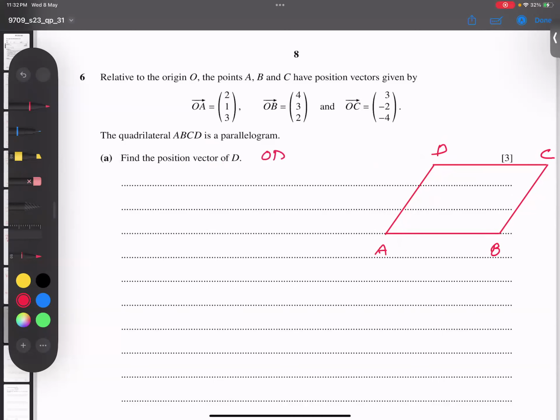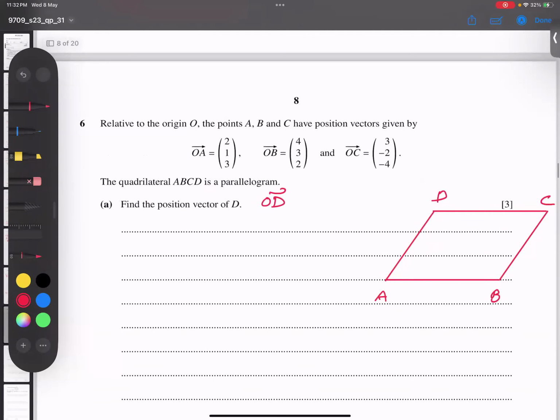So what is my target? OD. And the basic criterion, students: for example, the LM vector, how to write it in terms of position vectors, I mean in terms of origin? The letter where the vector ends, M, I start from there: OM minus OL. I believe you got my point. Same way, students, can I say the AD vector equals the BC vector? Yes, these vectors are parallel to each other, even equal.